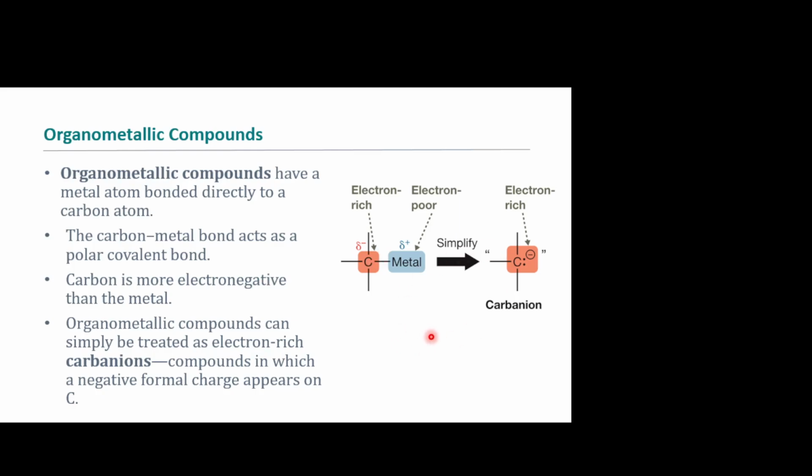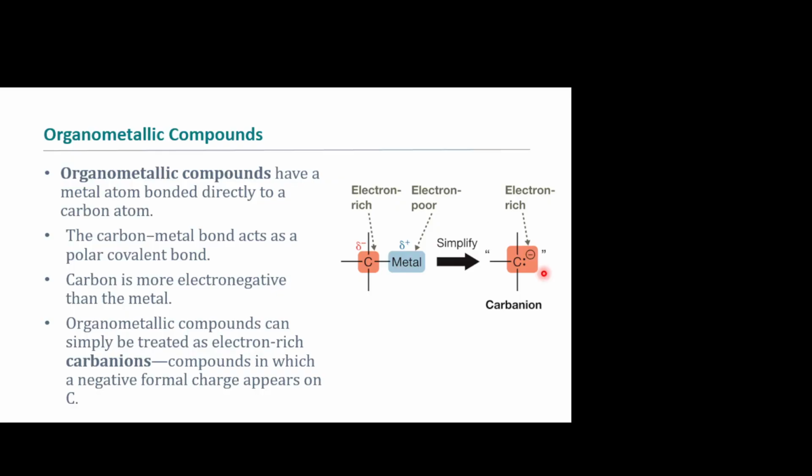This is going to give you something that you can treat as an electron-rich carbanion. Because carbon is significantly more electronegative, these bonds break fairly easily. And so you effectively, in most of these reactions, just have very electron-rich carbons.